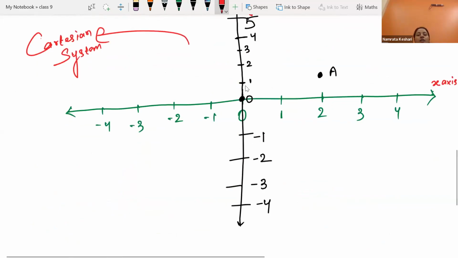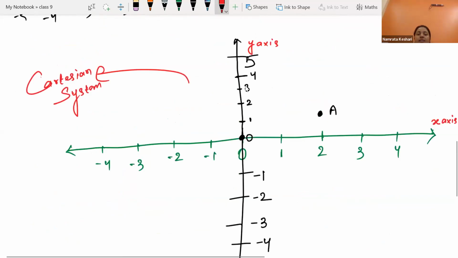When we have to say the address or location of point A, we drop a perpendicular on the x-axis like this, and a perpendicular on the y-axis like this, just by ourselves, at 90 degrees.